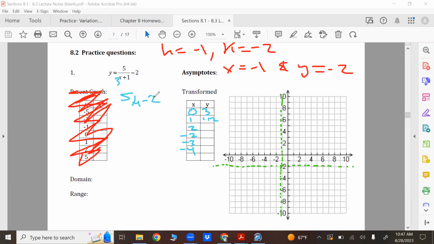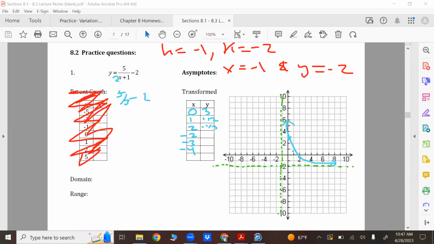You've got to plug in 2. Oh, you're right. Thanks. I get -1/3. Is that right? Yeah. So I have 0, 3, 1, 1/2, 2, and -1/3. So the graph looks kind of like this.